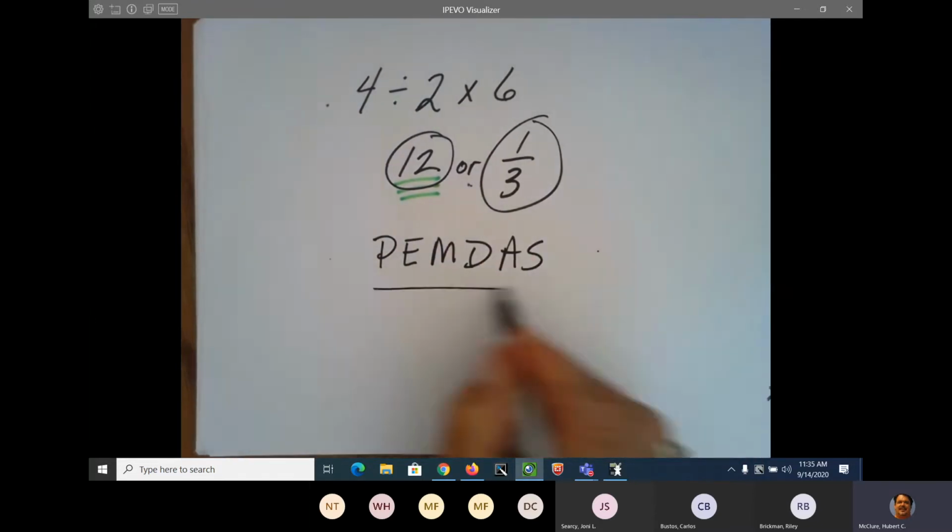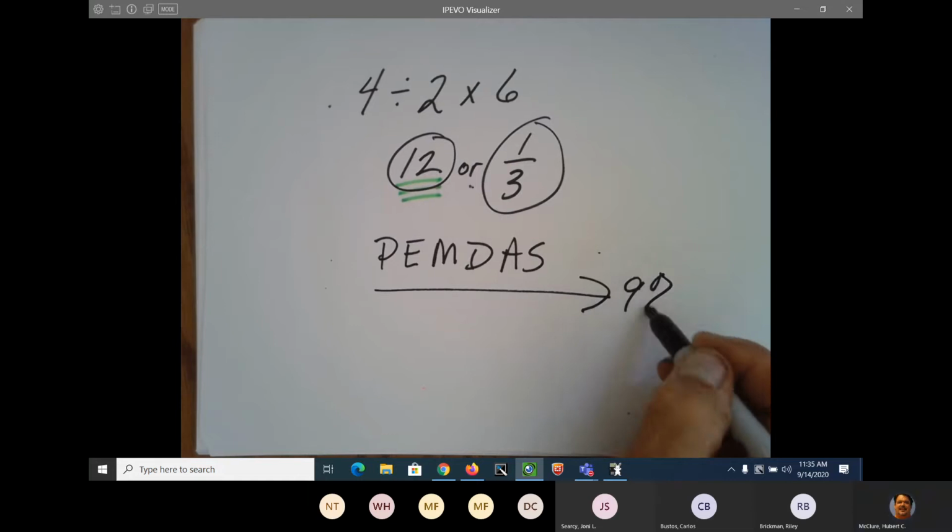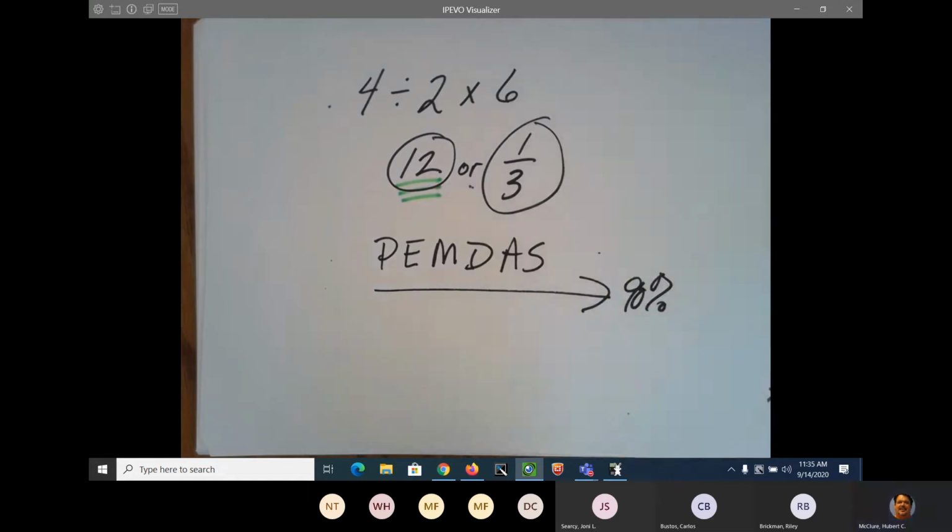It's only good about 90% of the time. Well, what about the other 10% of the time? Well, the other 10% of the time is where students mess up. And this one is one of those problems. So, what the heck do you do?